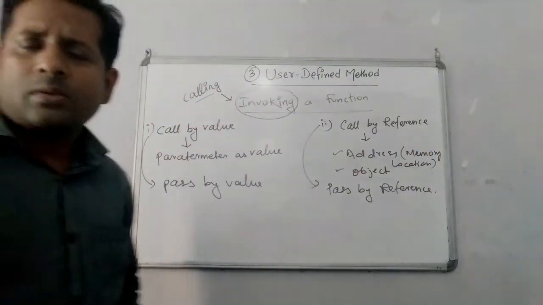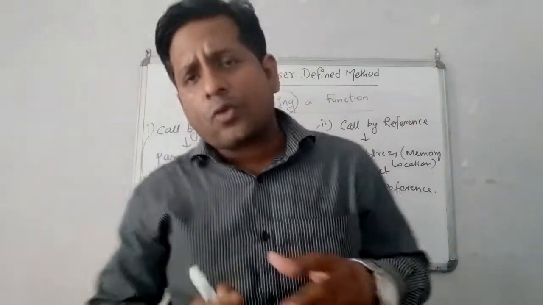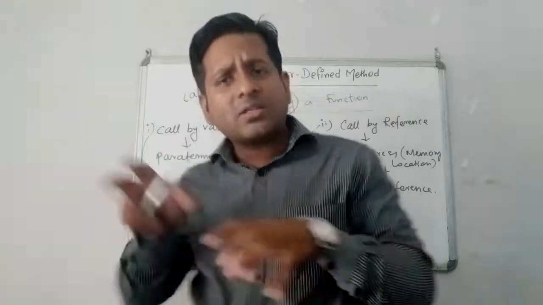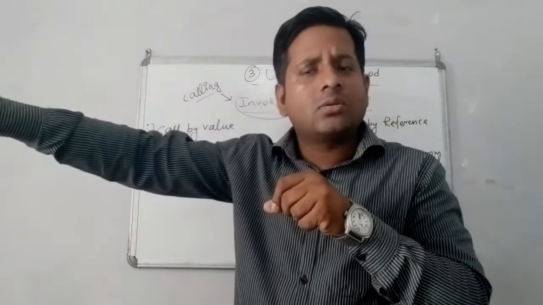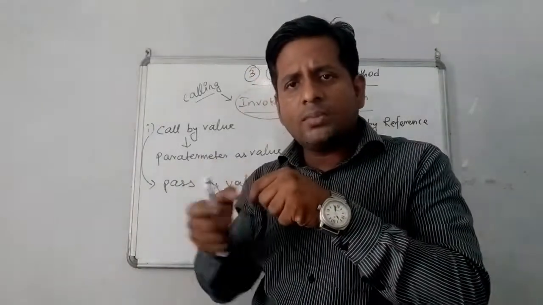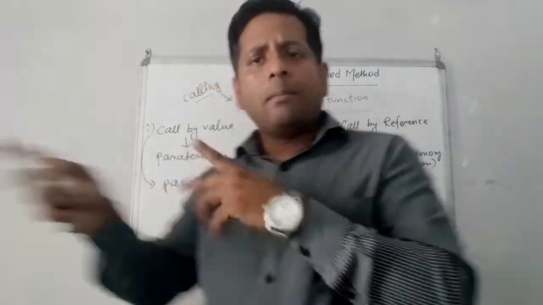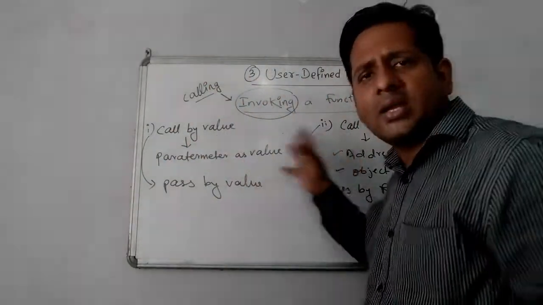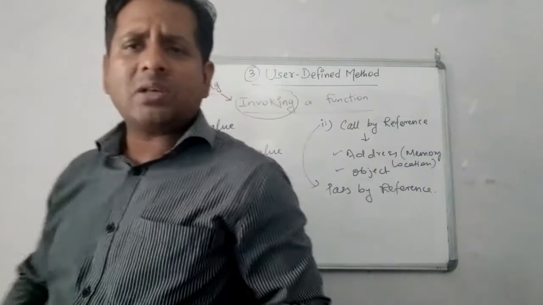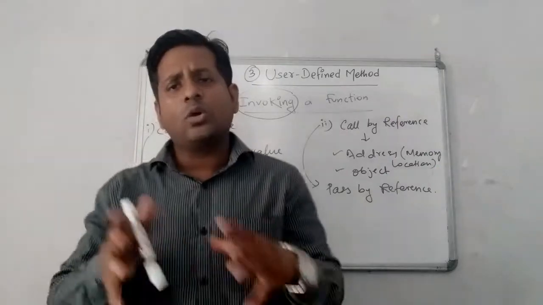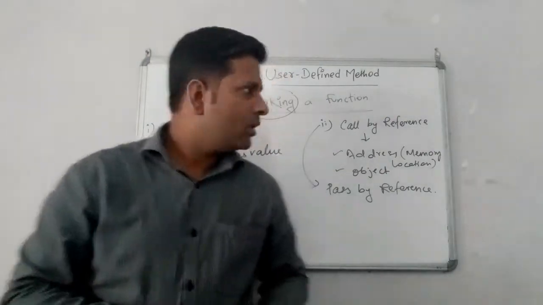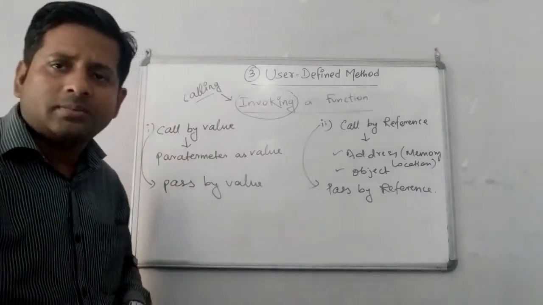Definition is the same. The only difference is that in the case of calling, we are calling the function and utilizing it, and in the case of passing, we are passing the values, we are passing the functions. One is function comes and this function goes. But both definitions and technical terms are almost the same. So we can say call by value is equal to pass by value and call by reference is equal to pass by reference. Is this clear, children? So now let us see another topic.